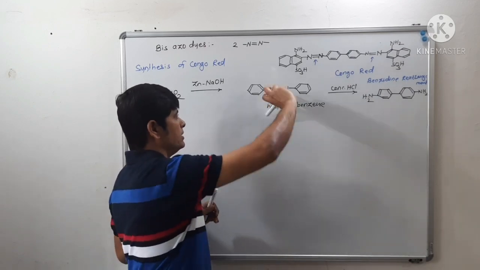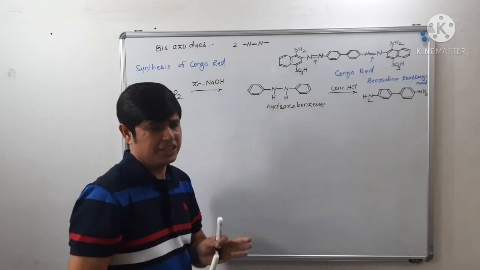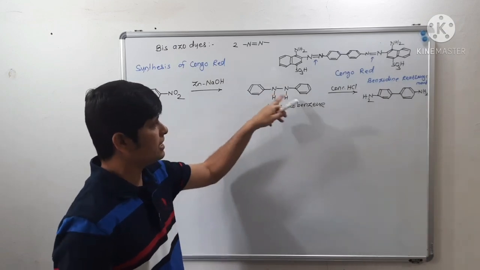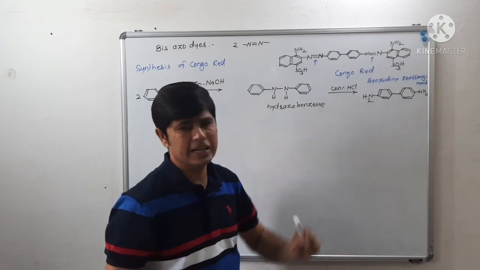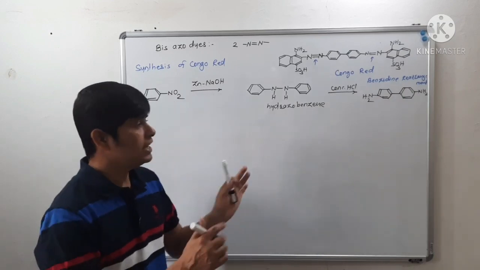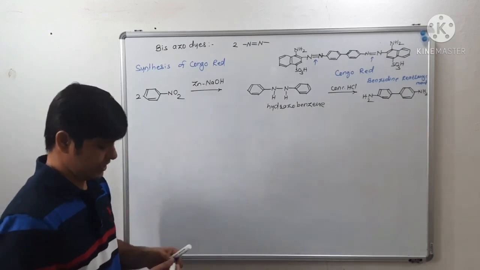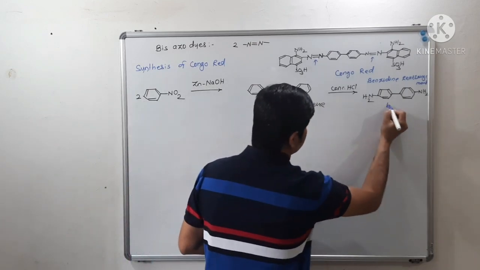This bond will break and that ring will change. The complete skeleton of the molecule is changed here. So we get benzidine through a benzidine rearrangement reaction.